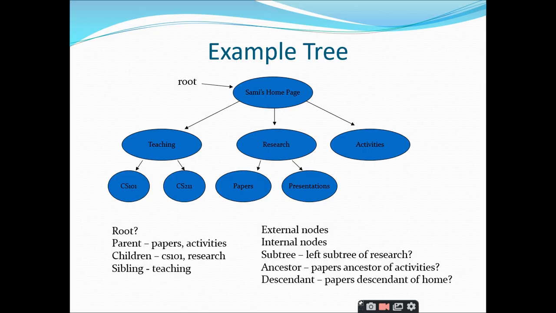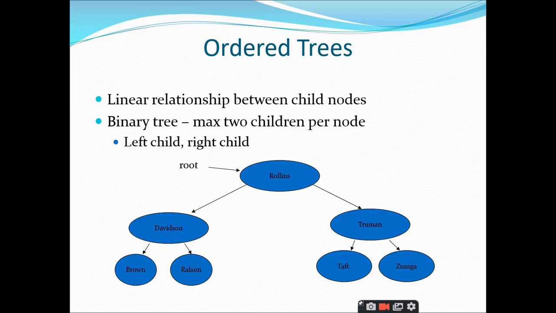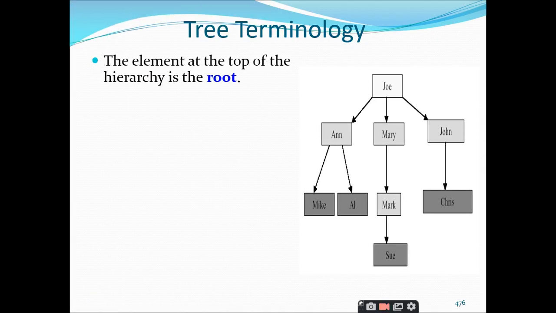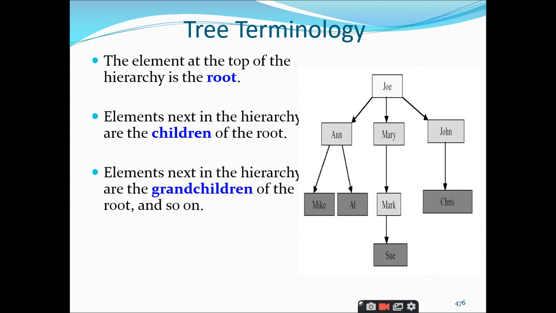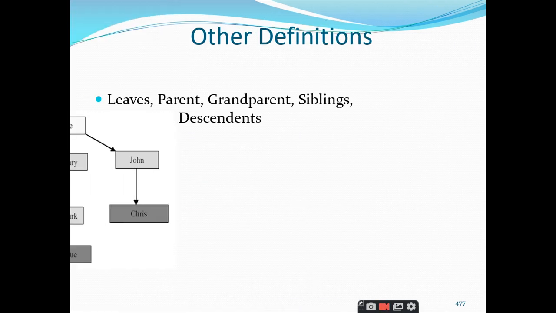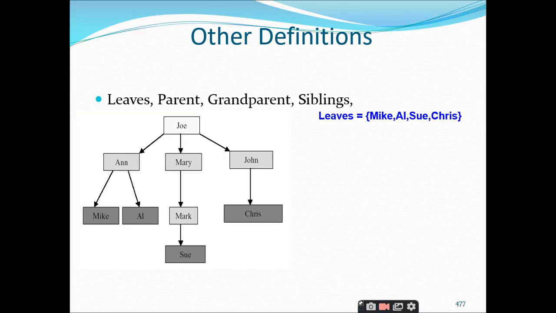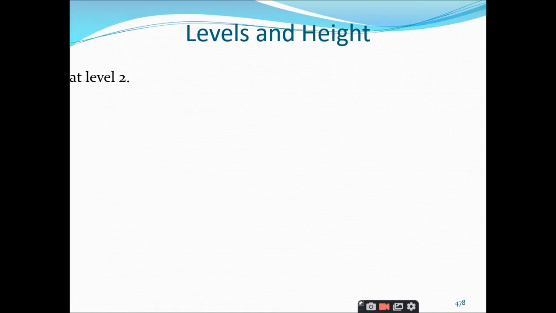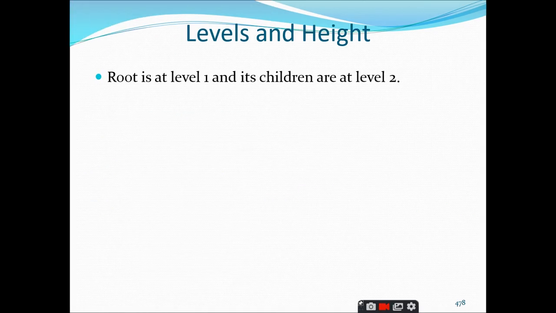Again, we have the same example of trees. We are not going to discuss this. Subtrees we have also seen, and the terminology we have seen: root, children, grandchildren, leaves, ancestors, descendants, and levels and height.